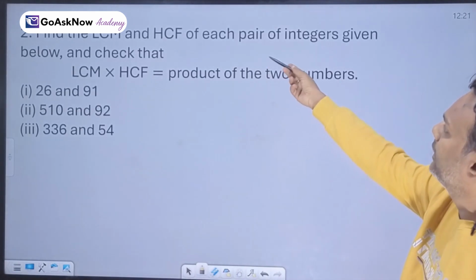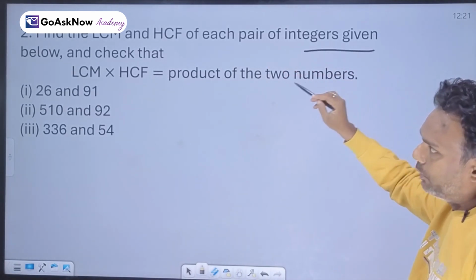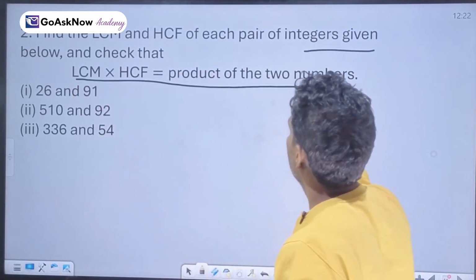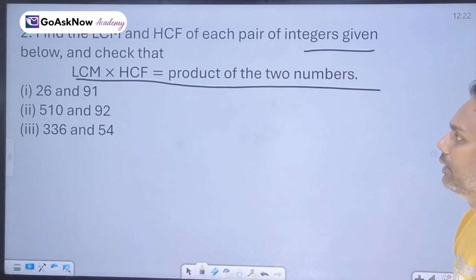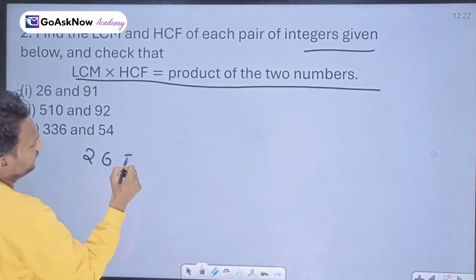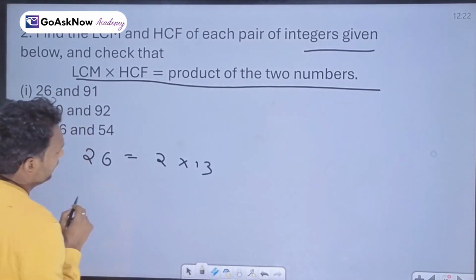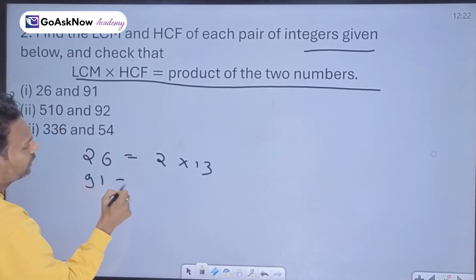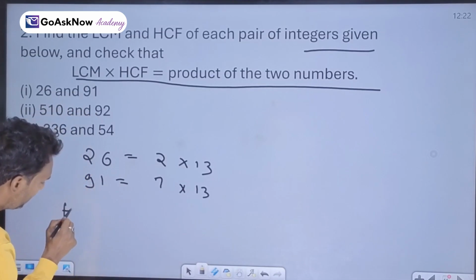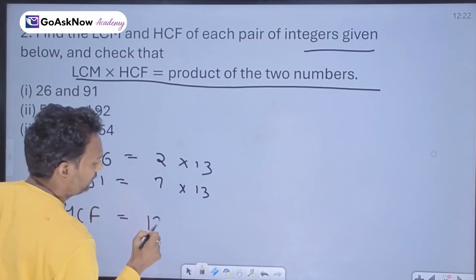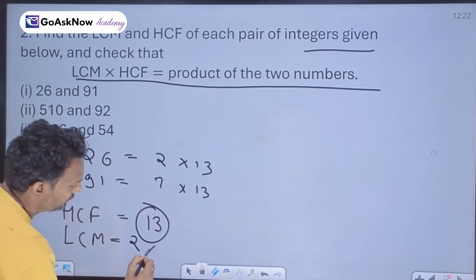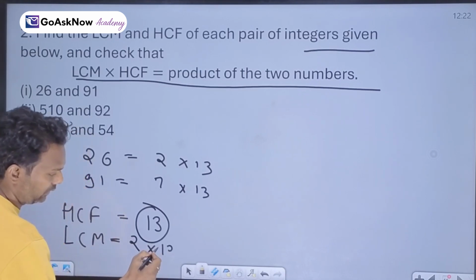Find the LCM and HCF of each pair of integers given below and verify whether LCM into HCF is equal to the product of the two numbers. So for 26 and 91, 26 is equal to 2 into 13 and 91 is equal to 7 into 13. HCF is going to be 13. And LCM is going to be 2 into 7 into 13.